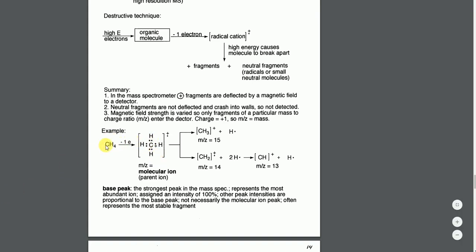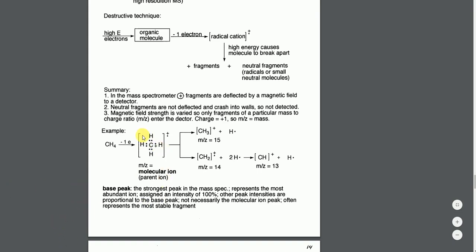So for example, she has over here a neutral CH4. The first electron goes in, and basically it strips away one electron, and so this becomes ionized. This ion, formed by removing one electron from the original molecule, is called the molecular or parent ion, and it is going to be represented on every mass spec graph.